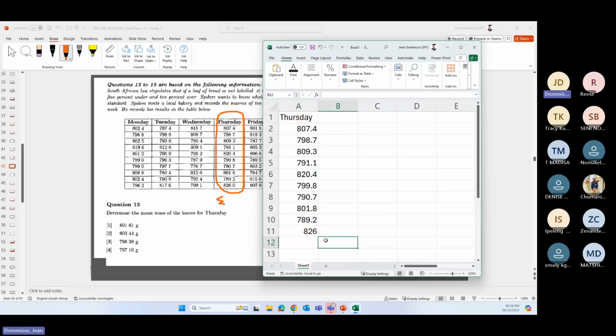Okay, so then you would have been able to say the sum of that.